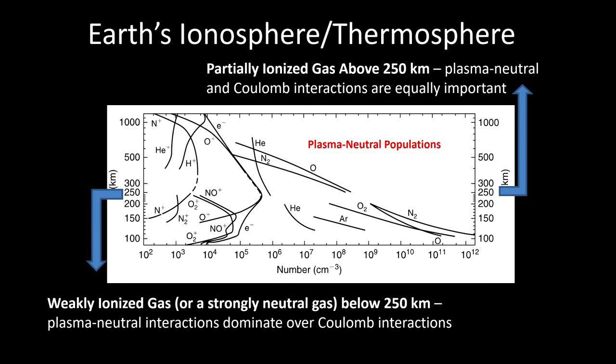So above 250, the Coulomb interactions start to become important, and you have to include both. And that actually makes the equations a little more coupled and a little bit harder to handle, honestly. So for today, we're going to focus on the weakly ionized gas, the region below 250, the region that we're defining as the MLT-X. Okay?